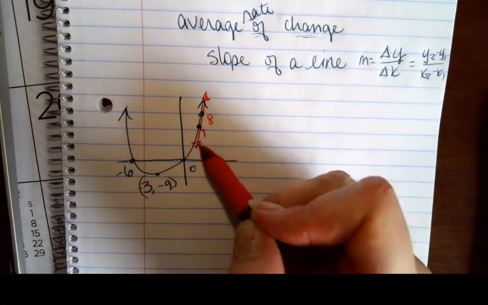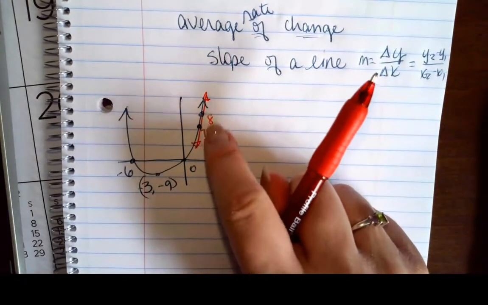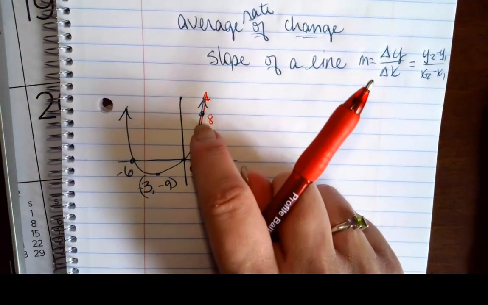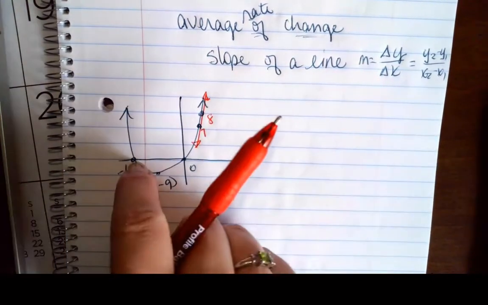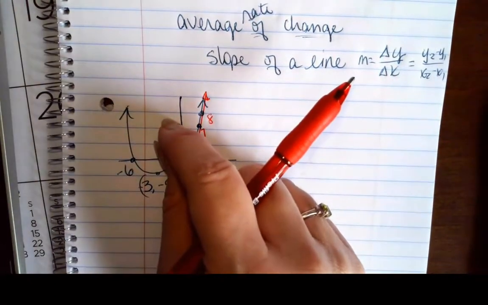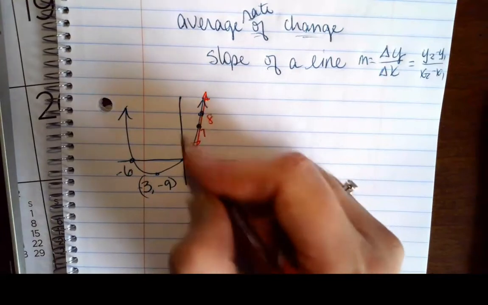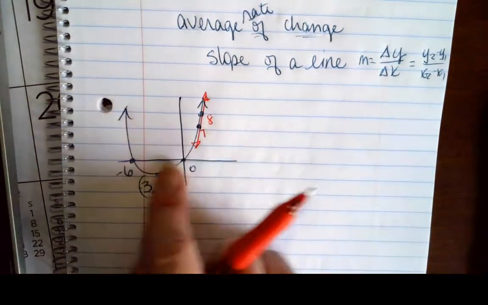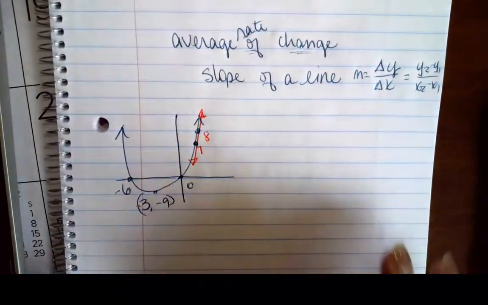So if I find the slope of this red line, it will tell me the average rate of change between these 2 points on the parabola, because the 2 points are on the red line and the 2 points are on the parabola. So I'm going to use the information from the line and project it onto what the average rate of change is on the parabola.